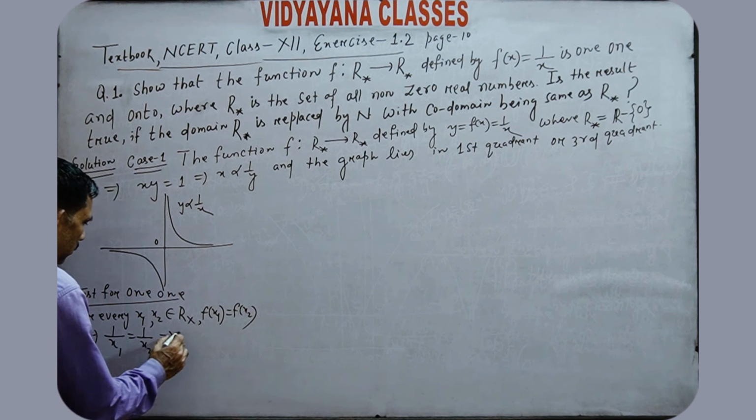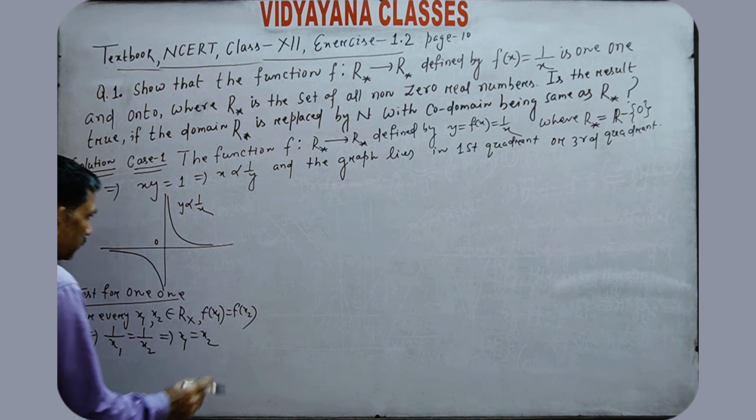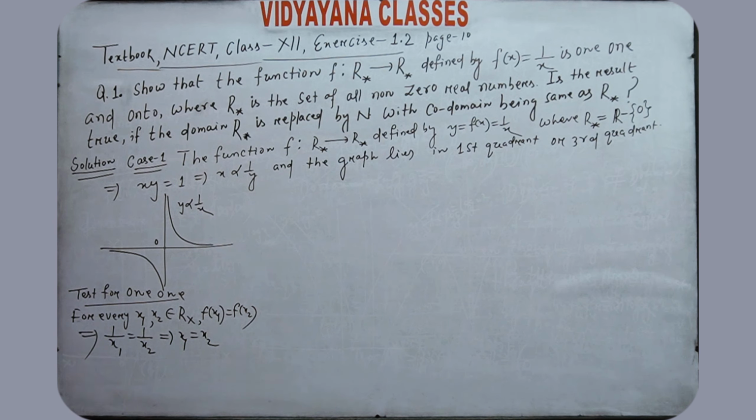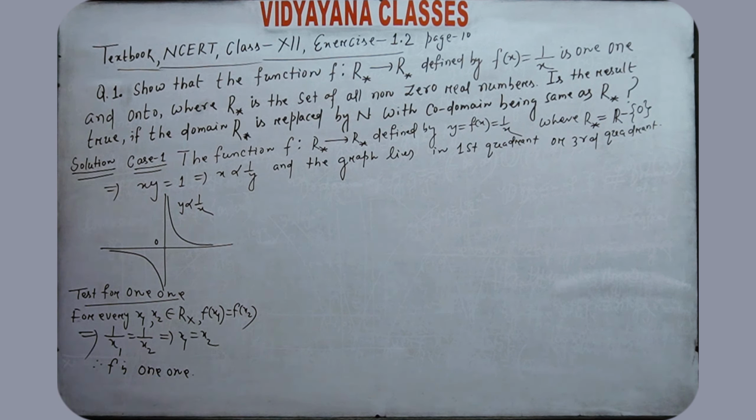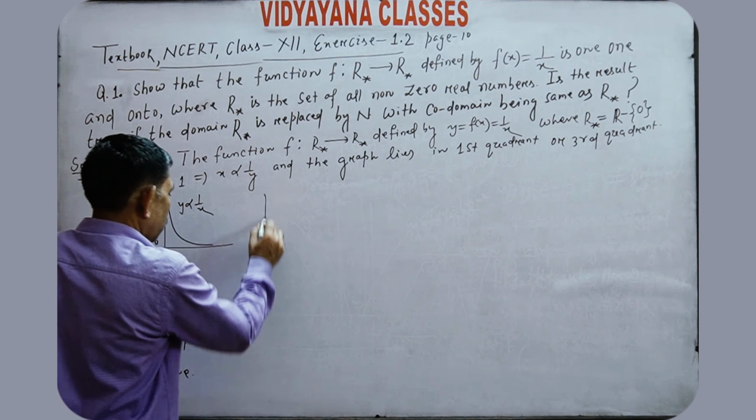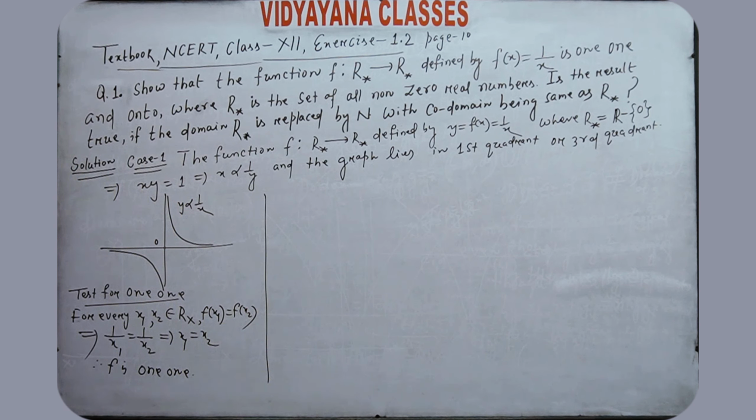That implies x1 is equal to x2. It satisfies the definition of 1-1. Therefore, f is 1-1. Clear? f satisfies the definition of 1-1.